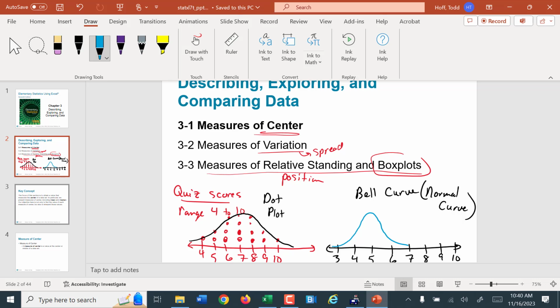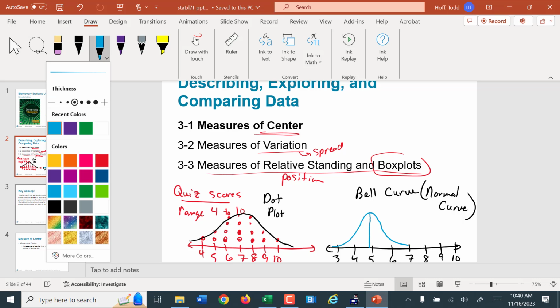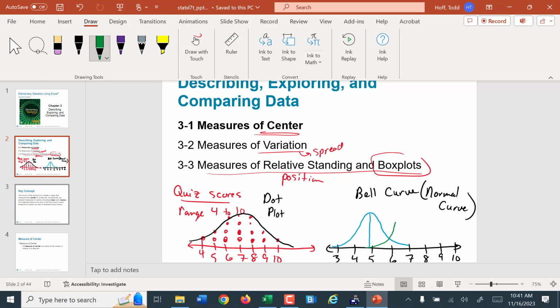If I wanted to describe that bell curve, one of the things I would say is that its center is right about at 5. Or I might have a different one that looks something like this. It's pretty much the same shape, but now this one's center is just a little bit below 7. So when I talk about measures of center, that's what we're talking about: where on the number line is the center of this bell curve.